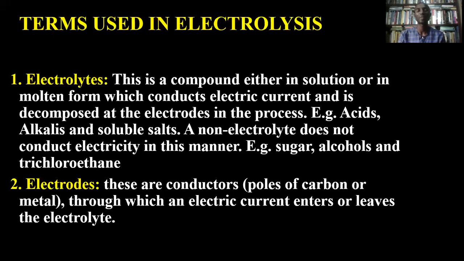Using the example that I started with, you see there are two poles in the car battery that I showed when we began. One pole is on one end, the other is on the other end. Those two poles are the entrance and exit of electric current.